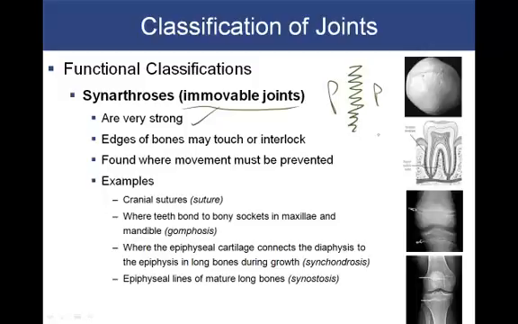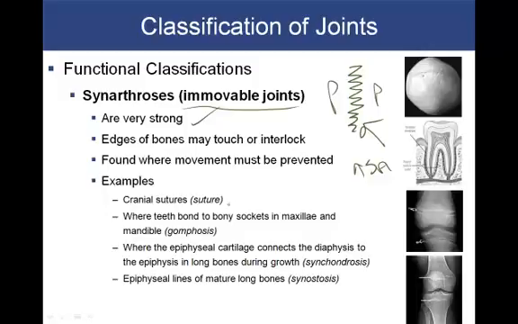This increases the surface area, which increases the amount of surface that is in contact, which creates a very strong joint. Synarthroses are found where movement needs to be prevented. We obviously don't need the bones of the cranium moving around.